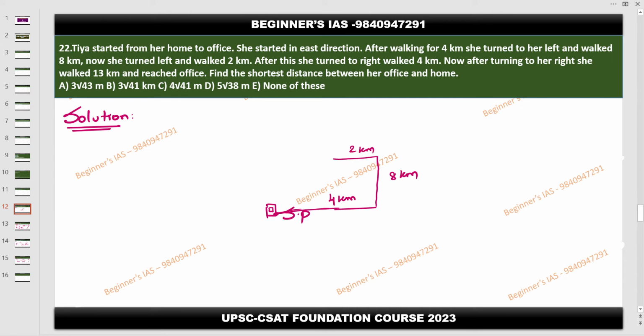So this is halfway. Then after this she turned to the right and walked 4 kilometers. After turning to her right she walked 13 kilometers and reached the office.